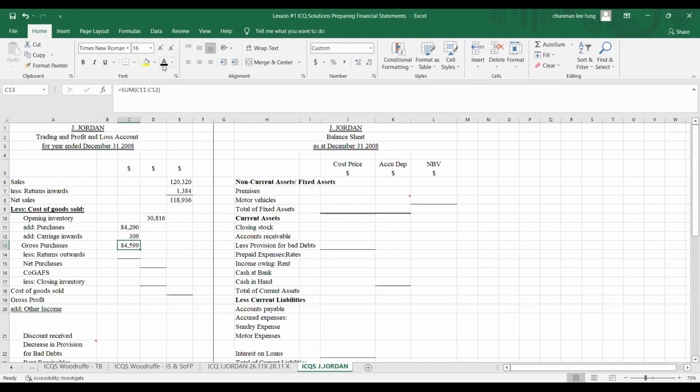Being mindful of my format, when you all are doing this in the exam, you have one out of two options. You account for each item at a time, or if you want, you can write down the entire format and then plug in the figures. But I think that's most likely going to waste time, because next thing you know, they didn't have return inwards and you still had to write it in.